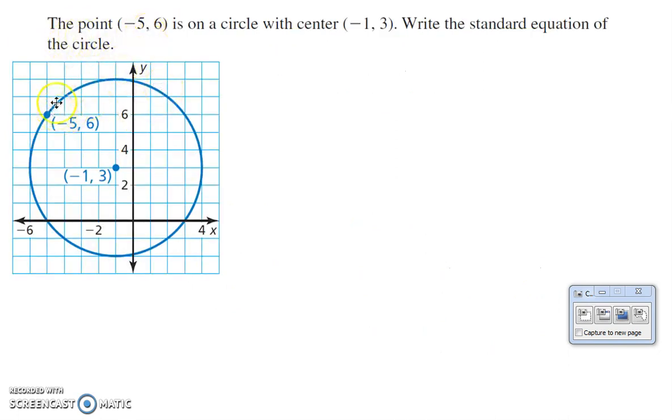Okay, if we have a point (5, 6) on a circle and the center at (-1, 3), we want to write the standard equation for this circle. So now we don't have what r is, but we can find that. Either we use Pythagorean theorem here, or you could start with the formula, right?